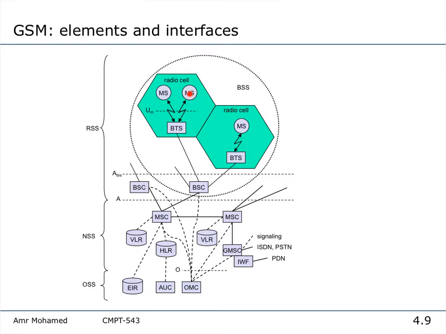So when a mobile station moves from the proximity of one base station transceiver to another, the base station controller is the one that decides when this mobile station can be moved from one cell to another, and then manages the handover, which means that all the resources assigned to this mobile station within this cell will have to be dismantled and then moved to the other cell. So who controls that? Who manages that process? The base station controller.